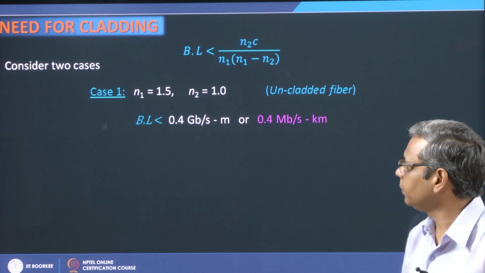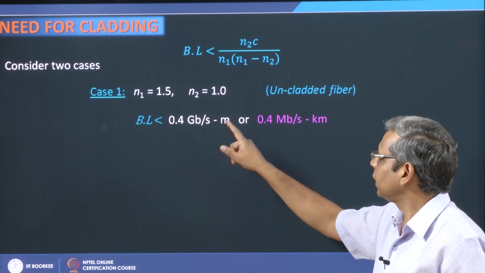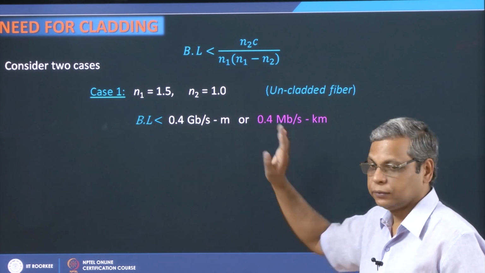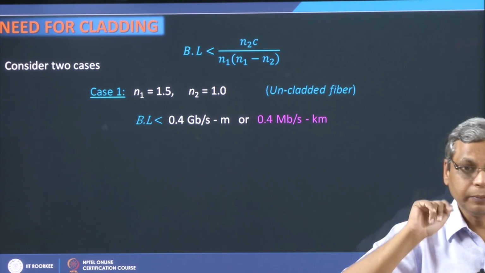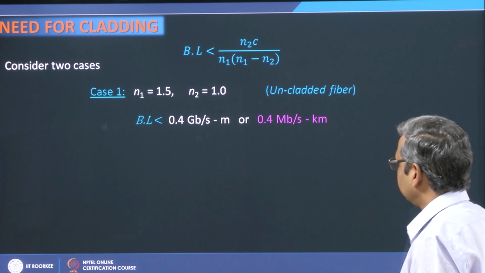So, if you send pulses at this rate, the information can be retrieved just within 1 meter, okay. Otherwise, you will lose information.